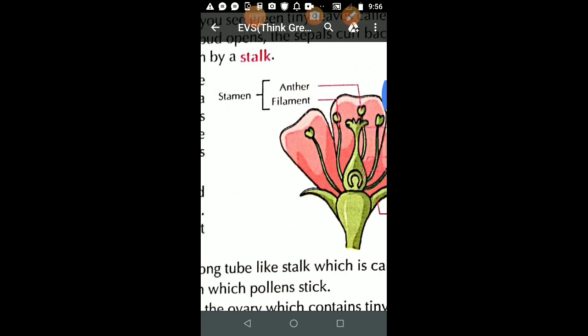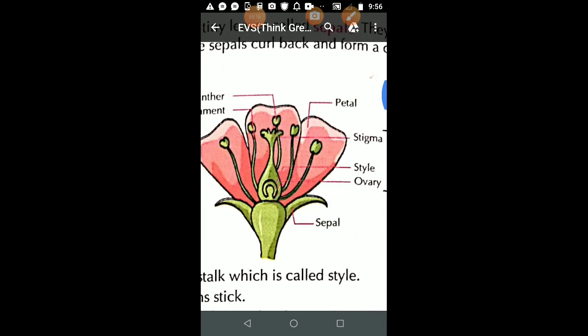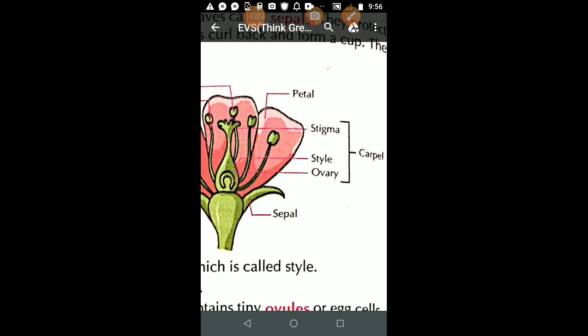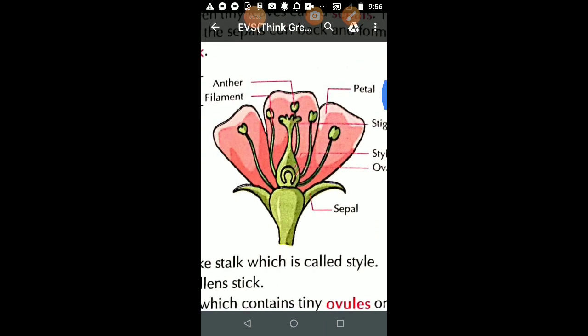Here the stamen, with anther and filament, is the male reproductive part, and this carpel has three parts: stigma, style and ovary. This is the female reproductive part of the flower. This is the picture of a hibiscus flower, and you will observe the same flower has both male and female reproductive parts.